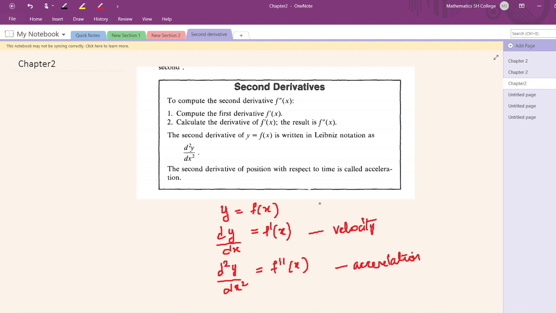In this way, we can find the second derivative, and its physical significance is that it corresponds to acceleration. And this is the Leibniz notation for the second derivative. Okay, so we will stop here.